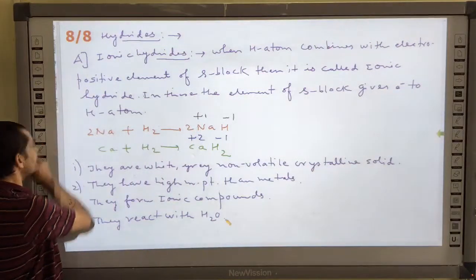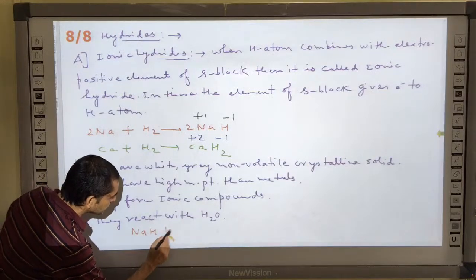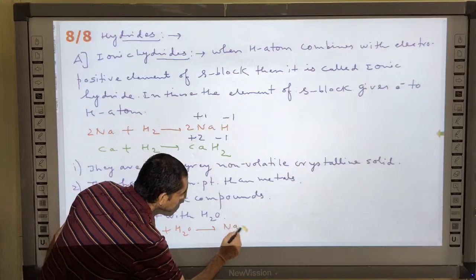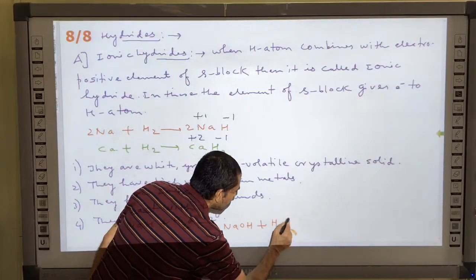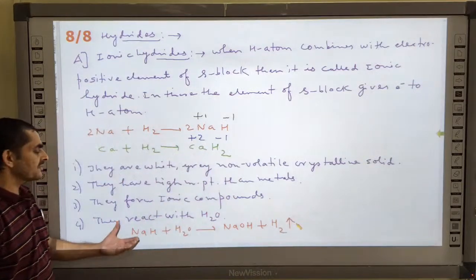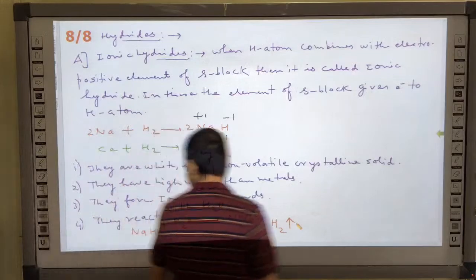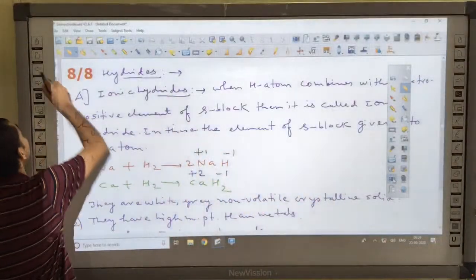You write down their reaction with water. Sodium hydride reacts with water to form sodium hydroxide with evolution of hydrogen. They react with water to evolve hydrogen. These are the characteristics of ionic hydride.